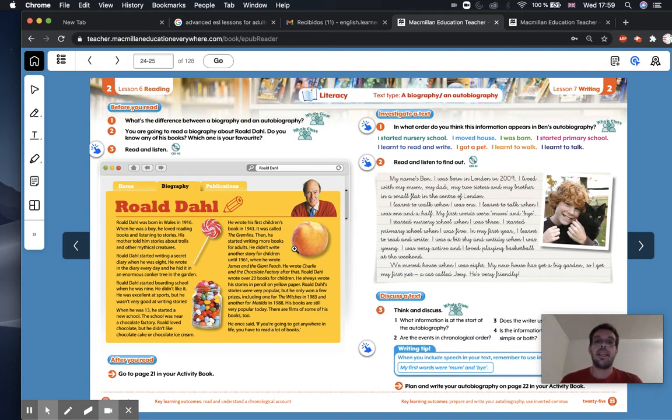Now, before we read, we need to look at some vocabulary so that we can understand the story. Okay, so let's open our notebooks. Take your notebook, open your notebook. Abrimos las libretas para apuntar.